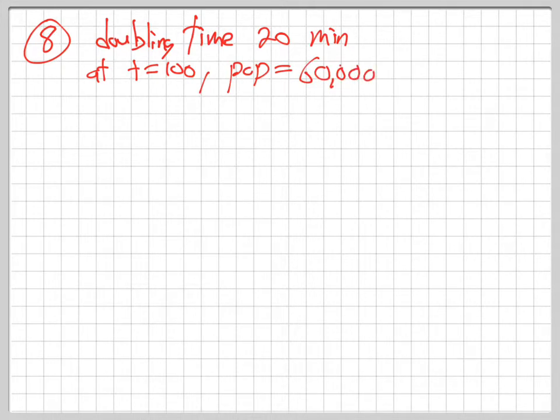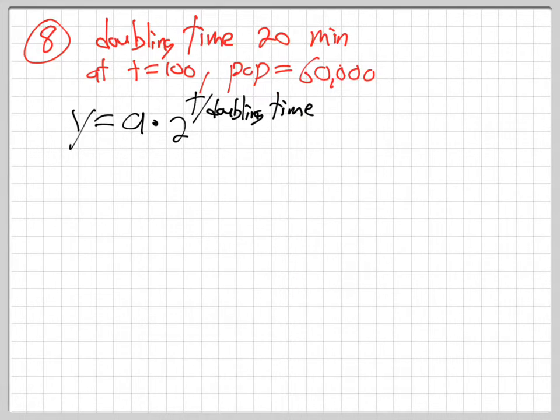In general, these formulas are always going to be a times 2 to the t over doubling time. This is what you want to put on your note card for the next exam, this doubling time formula. And a is always the starting amount. So here we go.